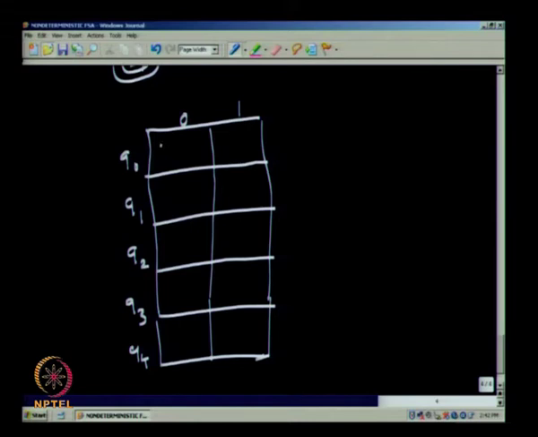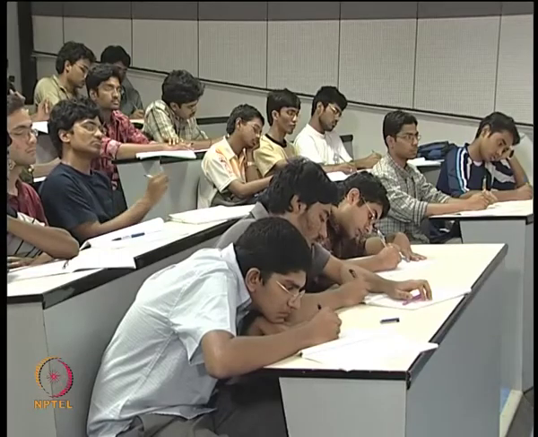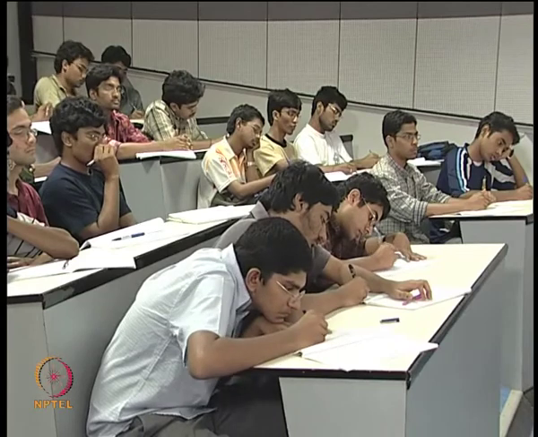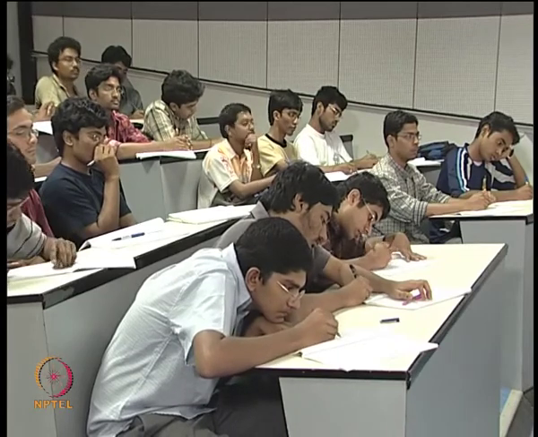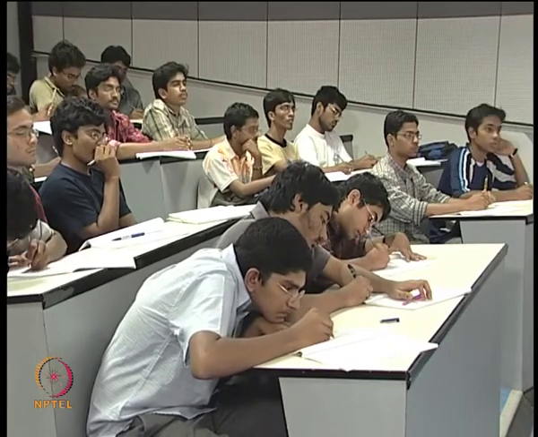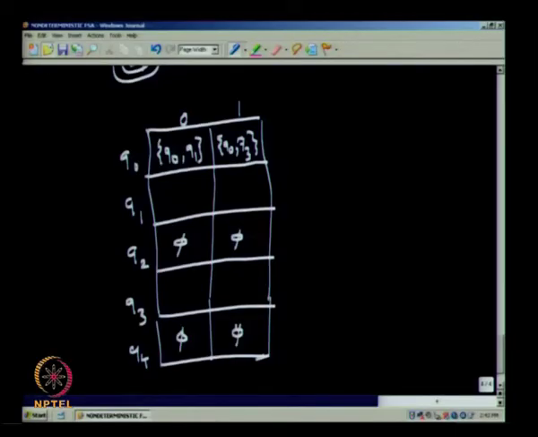From Q0, if you get a 0, you go to Q0 or Q1. From Q0, if you get a 1, you go to Q0 or Q3. From Q2, you cannot get anything, you cannot go anywhere. From Q4 also you cannot go anywhere. From Q1, if you get a 0, you go to Q2, you cannot get a 1.